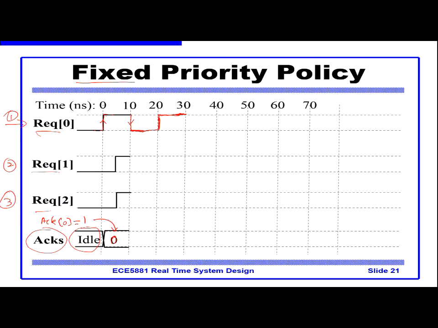Yes, correct. So once the request is dropped from 0, then we need to allocate to the next priority, which, as you said, is request 1. So that would be shown here as a 1. Okay? All right.